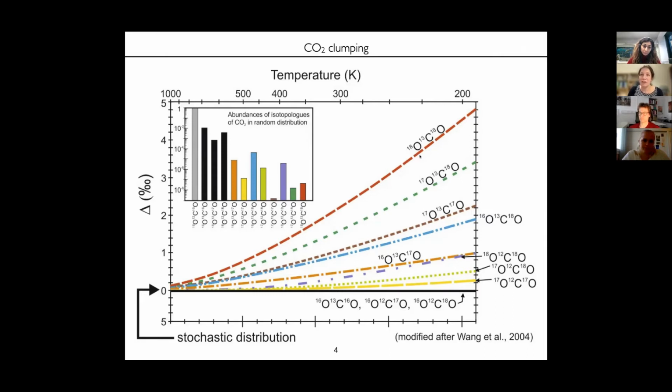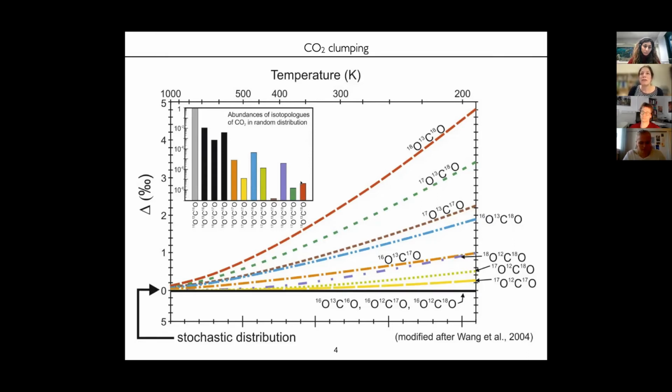But there's another thing to consider, the abundance of those isotopologues. It has to be feasible to measure them. That's why you have this inset plot here that tells us the abundance of these isotopologues of CO2. On this logarithmic scale, you see the non-substituted one in gray and the singly substituted ones in black. All the doubly or multiply substituted isotopologues are much rarer than the ones we typically look at.